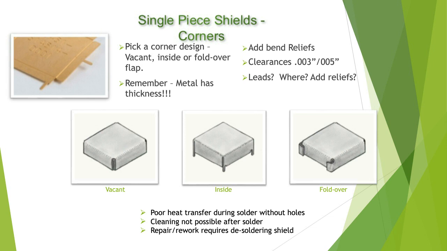So that corner method is useful when you want to run a solder bead down the seam of your shield to seal the seam. Producing a part that has vacant corners does a good job for that for a number of reasons. The main one is the edge that you just got done stamping or machining or etching or laser cutting away is usually a highly active edge.